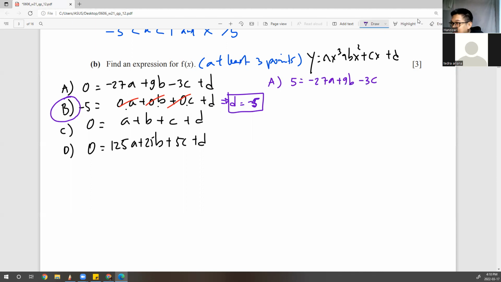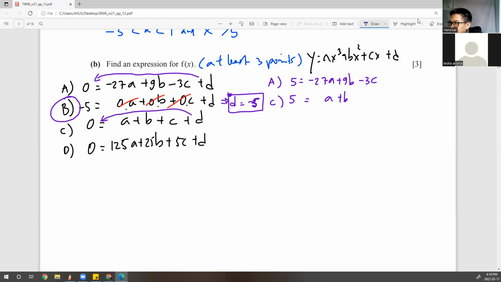For C, this is a simultaneous linear equation for 3 unknowns, right? It's actually 4 unknowns, but we know the D already, so it decreases. So negative 5 go to the left side, becomes positive 5, so 5 also.